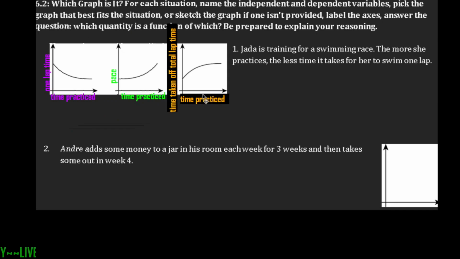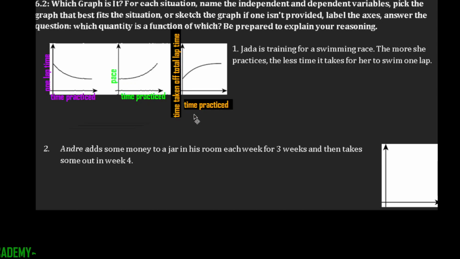And on that last one, the x-axis, or independent variable, is time practiced again, but your y-axis this time is going to be time taken off the total lap time. Notice how it starts lower, but as they practice more, there'll be more time off of that lap time, because that will be faster.